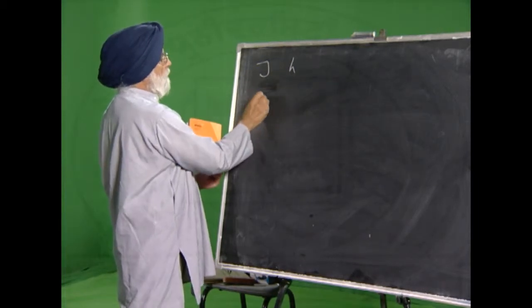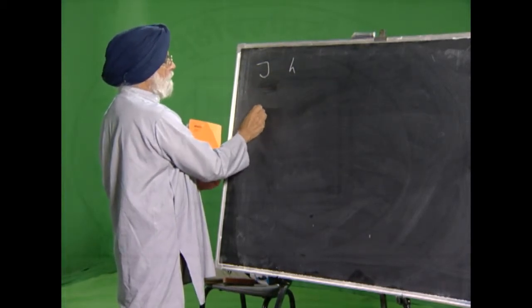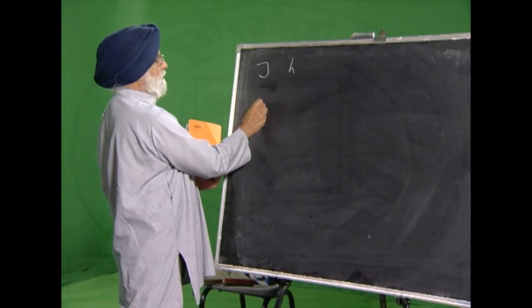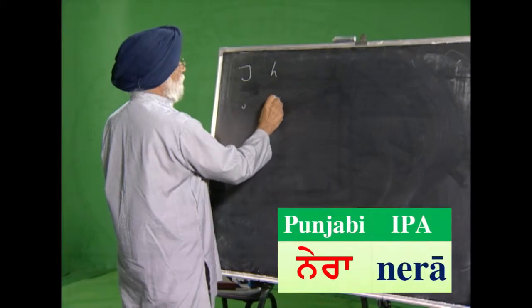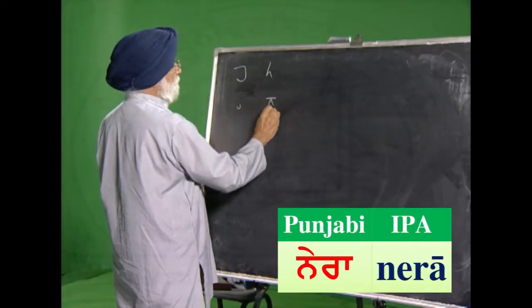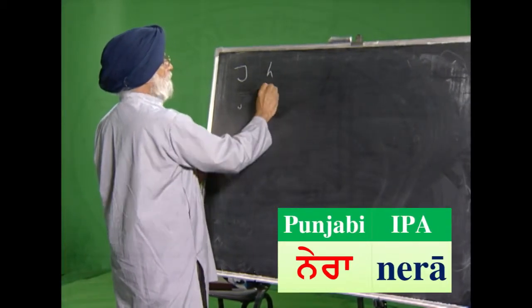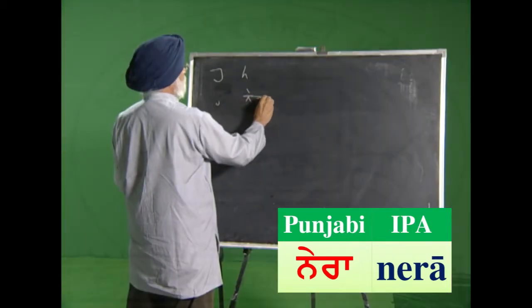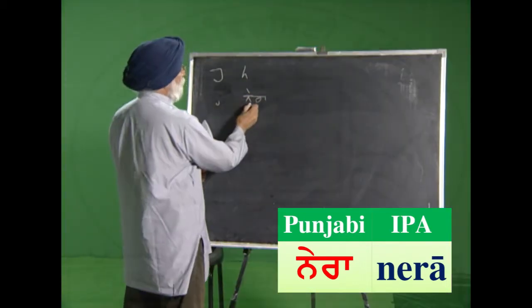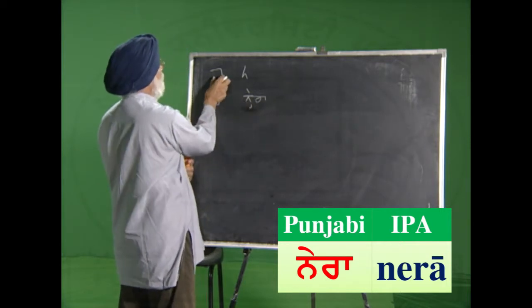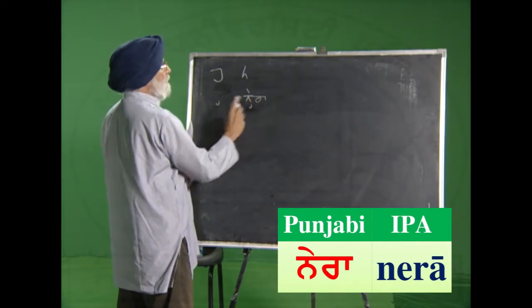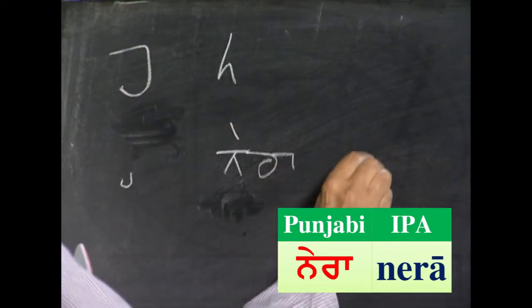Sometimes it is put below a given letter. For example, this is nera, but if you put a little half ha, it becomes nera with a low tone.